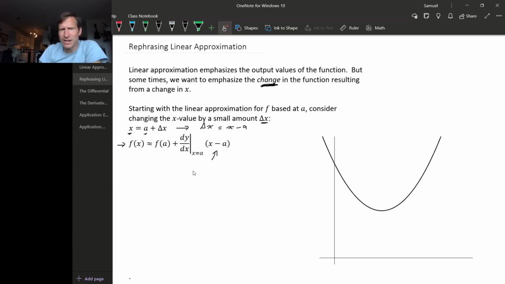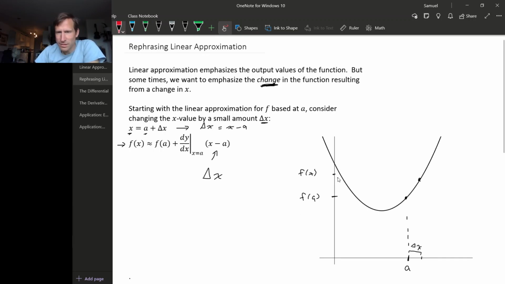Also, since we have delta x showing up, you should also expect the resulting change in the function to show up. Well, if we have a particular x value that we're starting with, and then we move over an amount delta x, the height of the place we start is f of a, and the height we end up at is f of x.